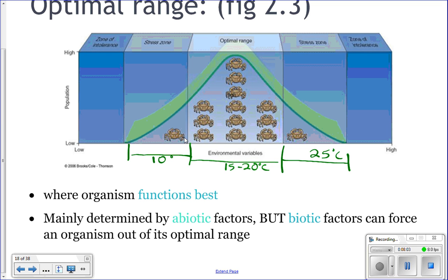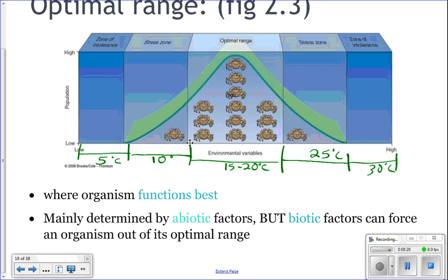If the animal gets pushed too far out and it has to go down into water that's like 5 degrees Celsius, or up to water that's like, say, 30 degrees Celsius, that may be too far, and the animal cannot adapt to those temperatures, and so the animal dies. And so you can see that there is no population there, because they can't survive.